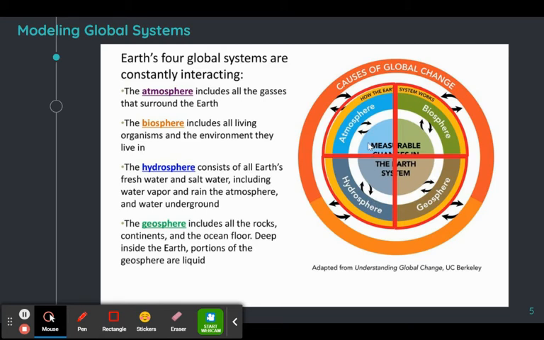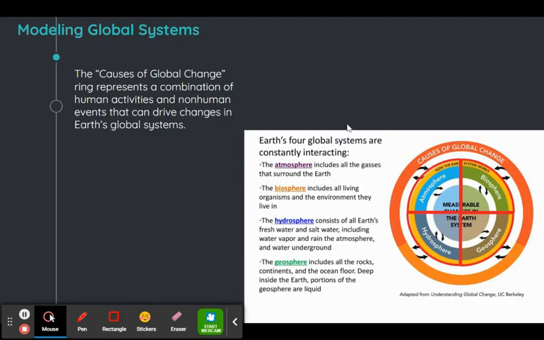The four global systems are the atmosphere, the gaseous layer surrounding the earth, the biosphere, the part of Earth that life can exist, the hydrosphere, hydro means water, and then the geosphere, which when you think about geology, the continents, the rocks, the ocean floor. Okay, so those are the four global systems that are constantly interacting with each other.